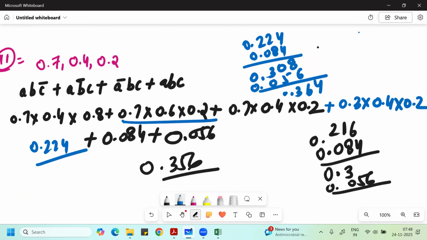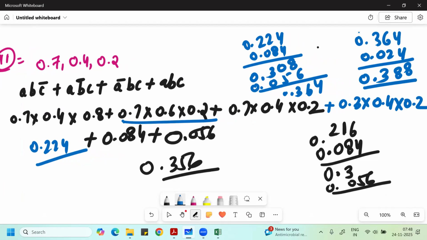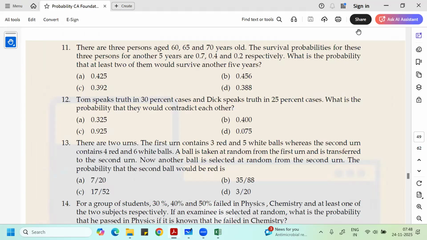This is missing. 4 3s are 12, 12 2s are 24, which means 0.024. That is missing. So the total is 0.388. 0.388 is your answer. Option D is your answer.